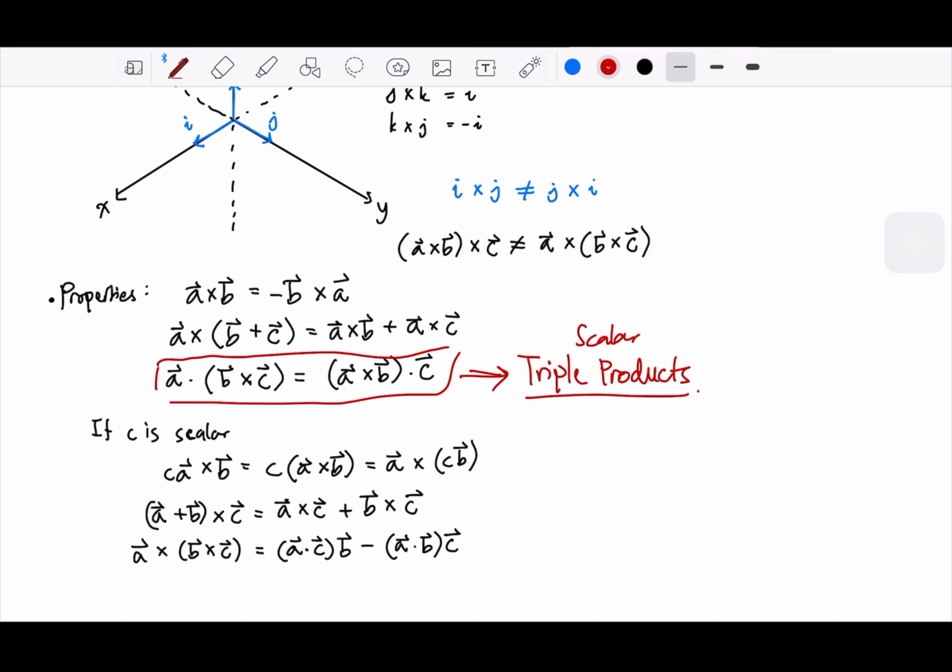And I think one of the applications for that cross product, in physics or in mechanics, is torque. It's defined by the length R crossing the force.